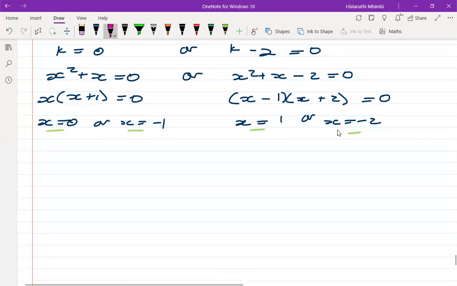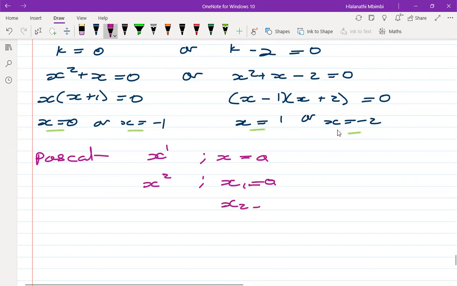Now, this idea came with a guy called Pascal. He basically said, if your highest degree is 1, you're just going to have 1 solution of x. Then if your highest degree is 2, like a quadratic equation, you're going to have 2 solutions of x, your x1 and your x2.